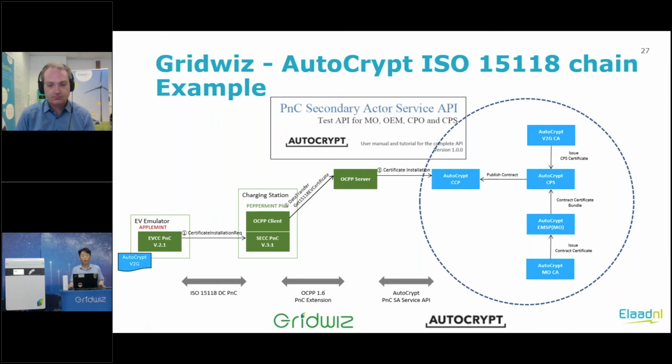CPS then collects all the contract relevant information as a package, and CPS also signs the package and passes it to CCP. And CCP is waiting for a request. On request from the OCPP server of Gridwiz, the certificate installation response message is delivered back to the OCPP server of Gridwiz.